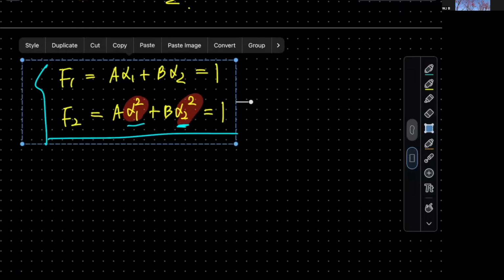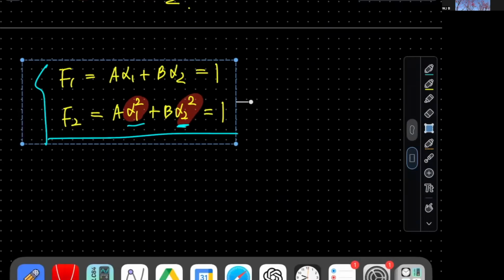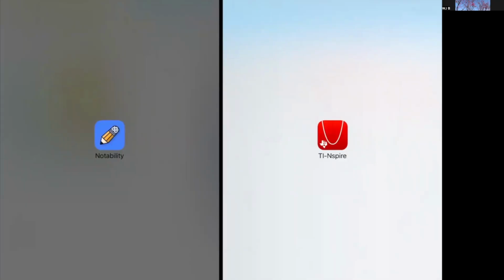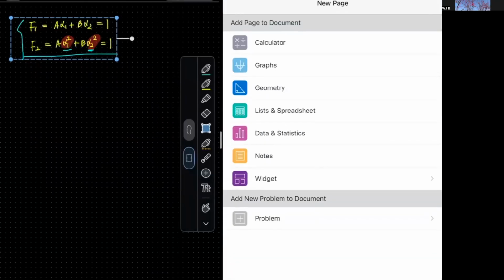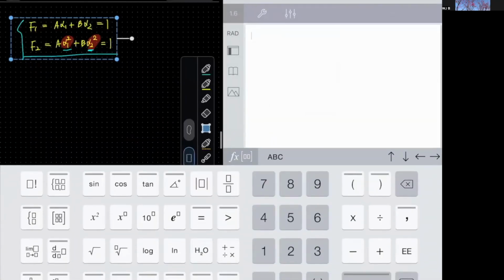But of course, you know what? I do want to talk about it. In fact, using the calculator is important. The one thing that I want you to remember, on the Inspire, I am going to use alpha 1 and alpha 2 quite often. So what you can do is put 1 plus square root of 5 over 2 and store it, on the nth bar, please know where the store is.